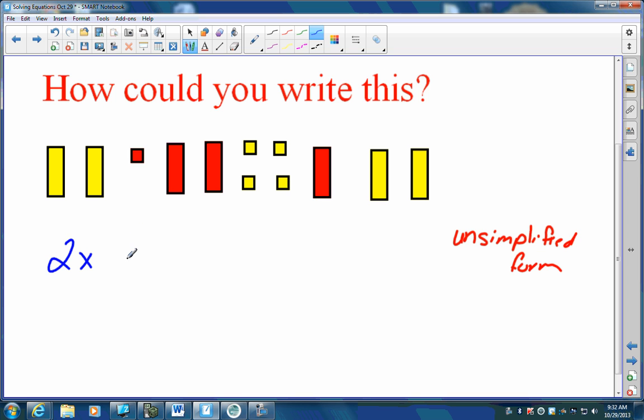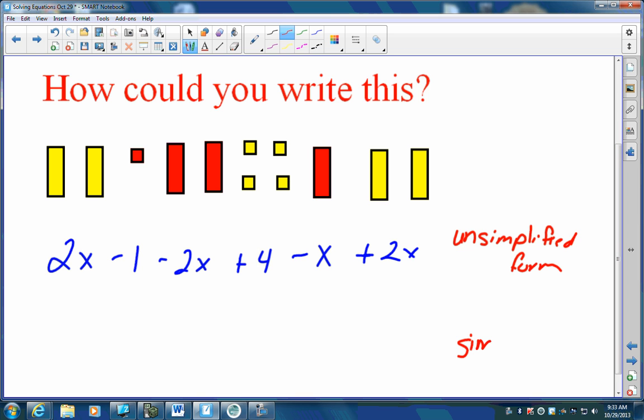A negative unit, you should have -1. Then your paper should have negative 2x plus 4 units, a negative 1x, and a positive 2x. That's the unsimplified form. That's what you should have on your paper.